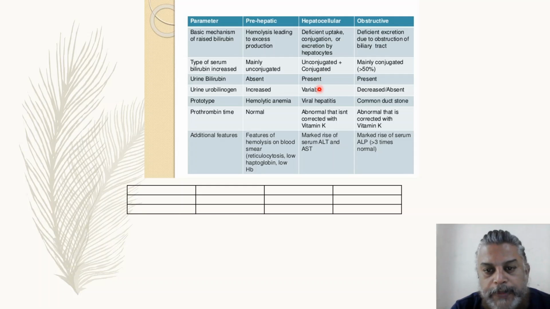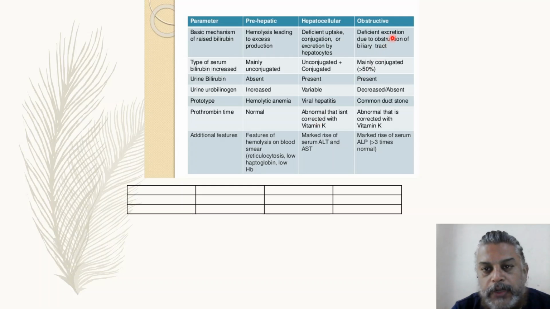The prototype is acute viral hepatitis. As it is hepatocellular disease, the prothrombin time would be abnormal, but would not get corrected by giving vitamin K because of intrinsic liver disease. Here we will see markedly raised SGOT and SGPT.